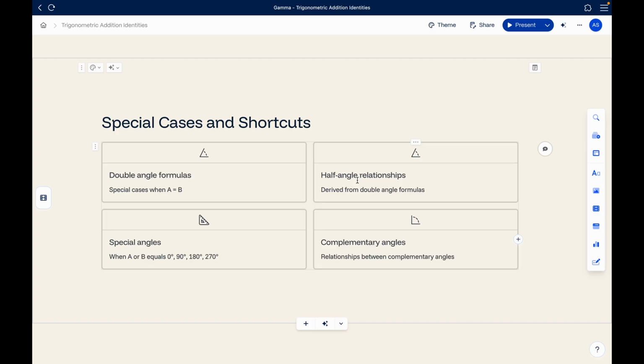So, some pretty cool stuff can happen, like tangent of 90 degrees will be undefined, cosine of 90 degrees will be 0, sine of 90 degrees will be 1, etc., etc.